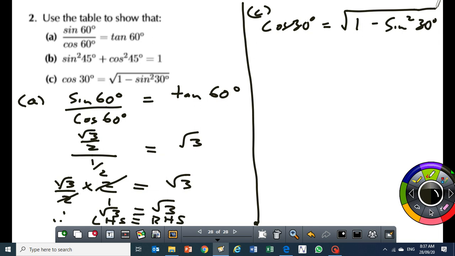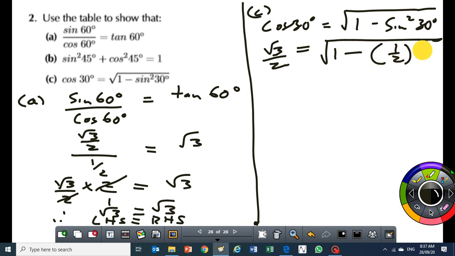My suggestion here is either you can square both sides, that's one way of doing it, or you can just do it as it is. Cos 30, that's square root of 3 over 2. Now, sine squared 30, when you write it, it will be 1 minus, open bracket, sine 30 is a half, so it will be a half squared, like that.